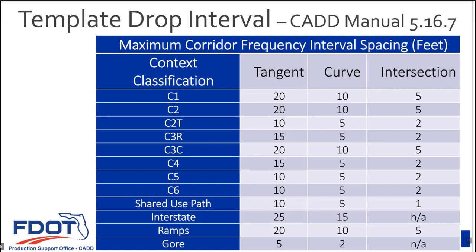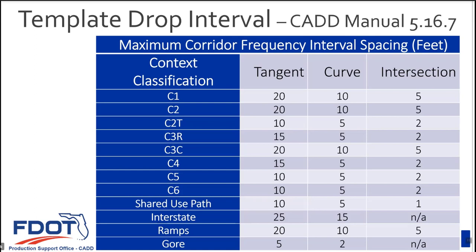It may not look as pretty in the CAD manual, but it's certainly something you should get familiar with. In the current version of the CAD manual for FDOTConnect, it's in section 5.16.7. That has moved, if you're familiar with where it was in the previous versions. I think it was in Chapter 8. But take a look at what your context classification is.